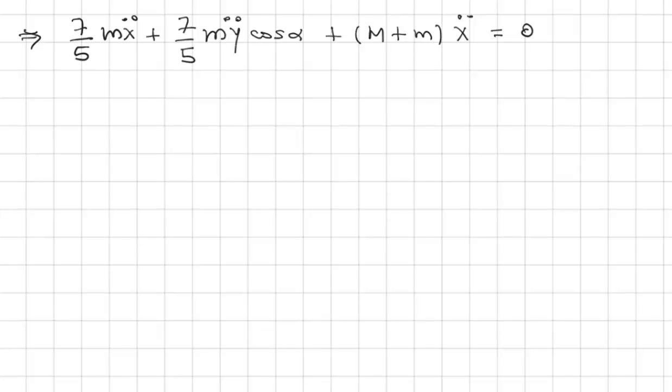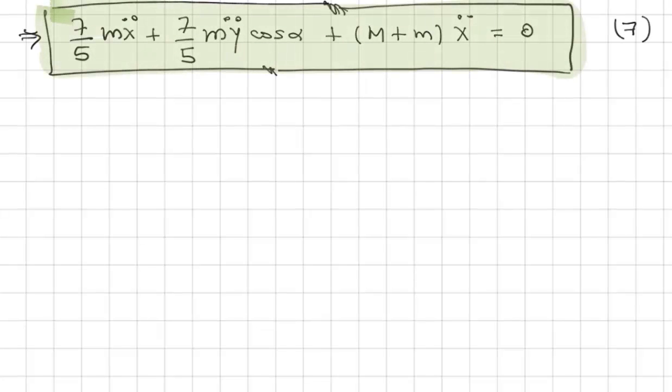So this is an equation that contains two variables, and let's call this equation number 7. What I did here is basically I wrote the same last equation, but I distributed the 7/5 into the parentheses with the mass and the other terms, a procedure that is really easy. So that's equation number 7, and it's the result for the Lagrange equation for the x component of the system.